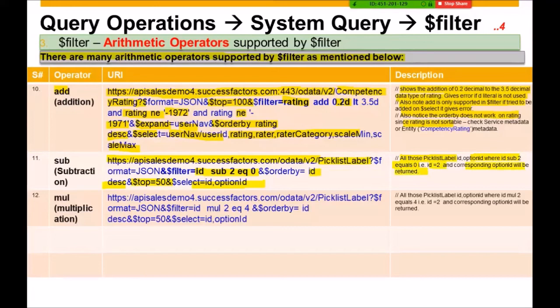Now coming to the multiplication. Similarly, if you provide id mul 2 equals 4, where id when multiplied by 2 gives 4, all those ids and the optionIds should be listed out from the PicklistLabel object in the JSON format, wherein id should be shown in the descending order, and let's see how it shows up.